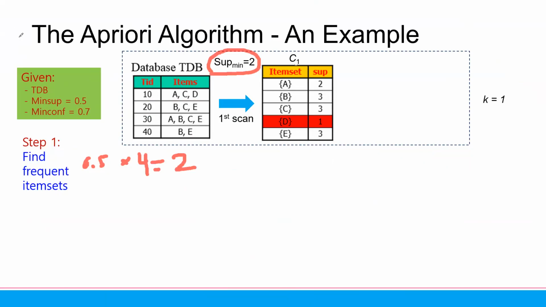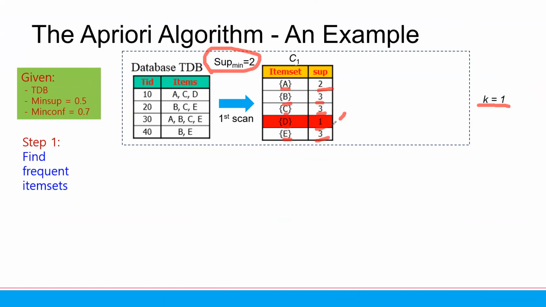So first we will scan, k equals 1. When k equals 1, we will check the items A, B, C, D, E. There are 2 of A, 3 of B, 3 of C, only 1 of D, and 3 of E. The minimum support should be 2.